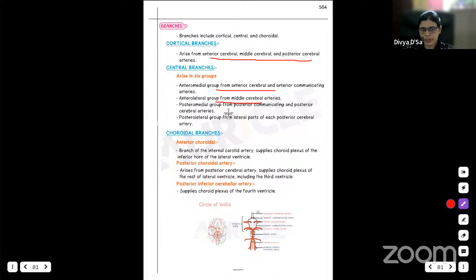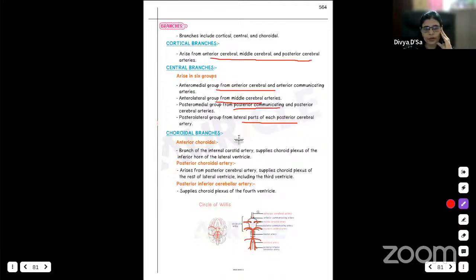Posteromedial and posterolateral. Posteromedial group will come from posterior communicating and posterior cerebral. Posterolateral group is coming from the lateral parts of each posterior cerebral artery. Okay, so these are the central branches. They will be supplying the white matter part.